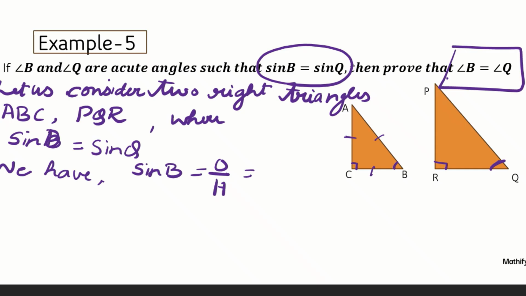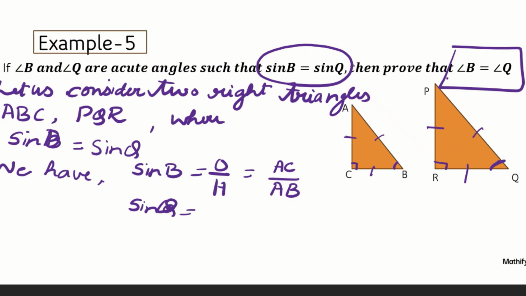Opposite is AC and hypotenuse is AB. Okay, and sin Q is, for angle Q, opposite is PR and adjacent is QR and hypotenuse is PQ.